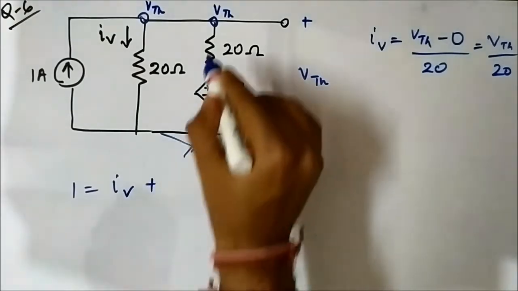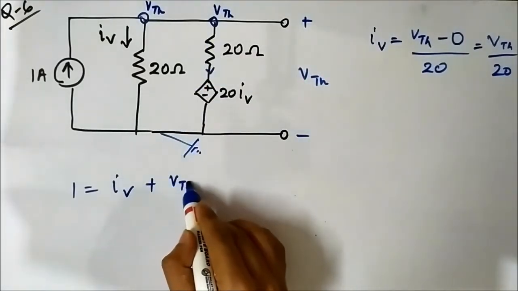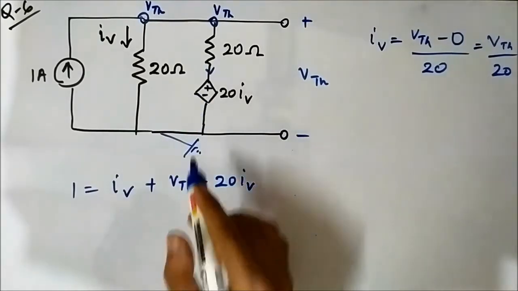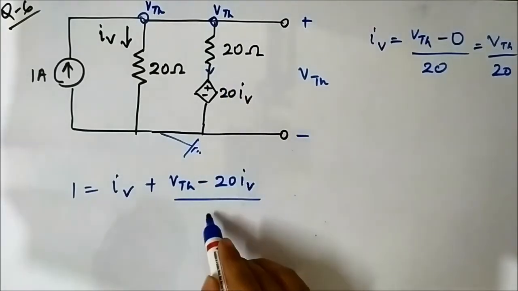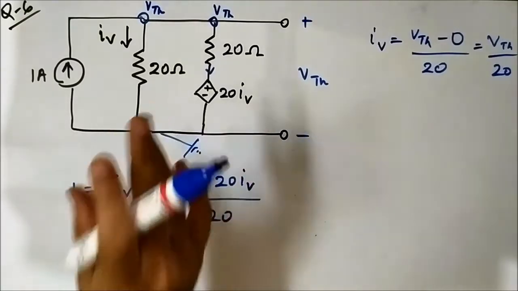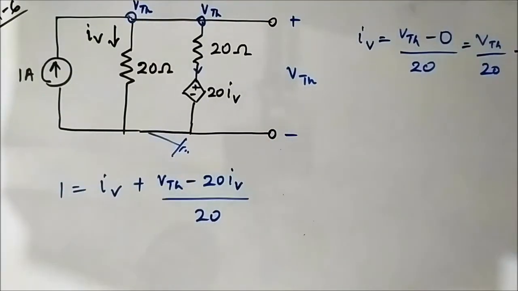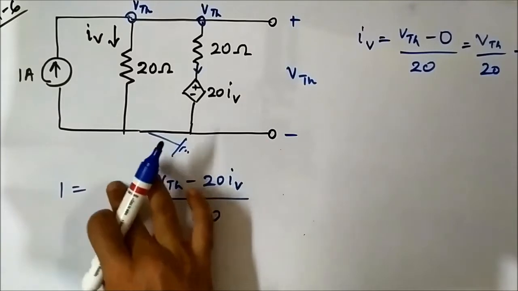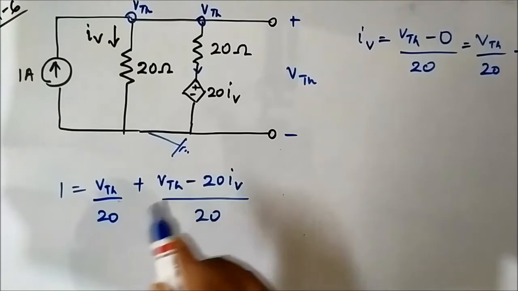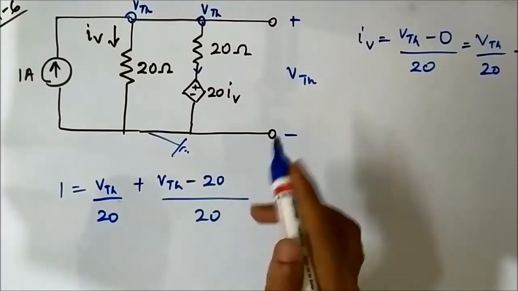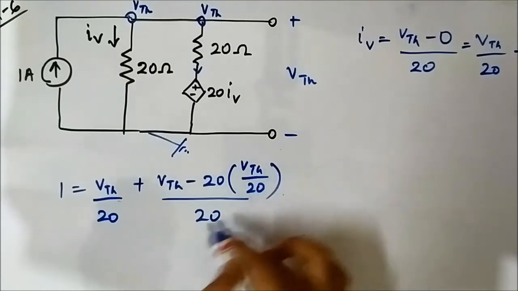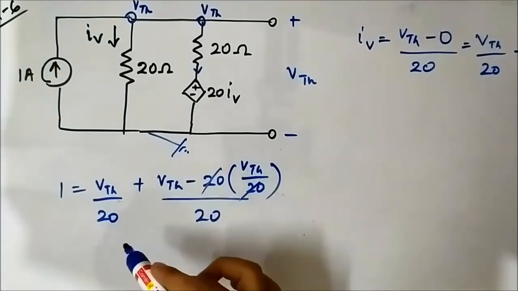plus VTH minus 20 IV, this is a voltage source, 20 IV, divided by the resistance involved, which is 20. Now replace IV with this value in terms of VTH by 20. If we replace it here, it will be VTH by 20, and here it will be VTH by 20. 20 will get cancelled.